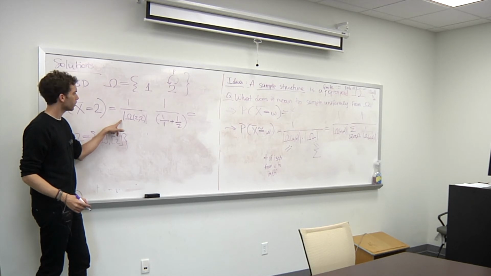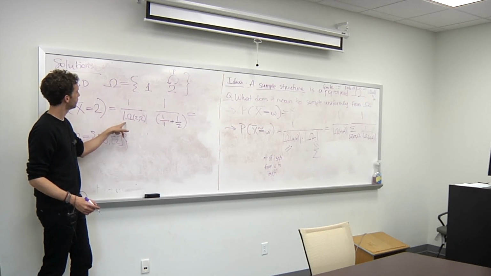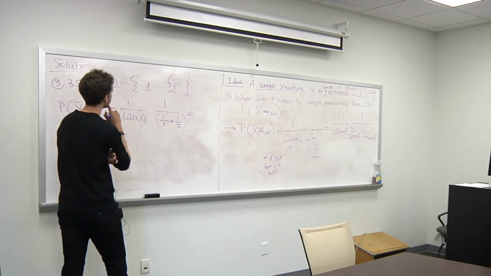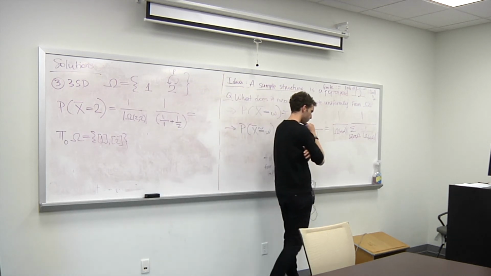Now what is this? No, wait, this is not going to be 2. You have the identity automorphism as well. You have the flip. This is definitely going to be 2, yeah, but it's not what I wanted.